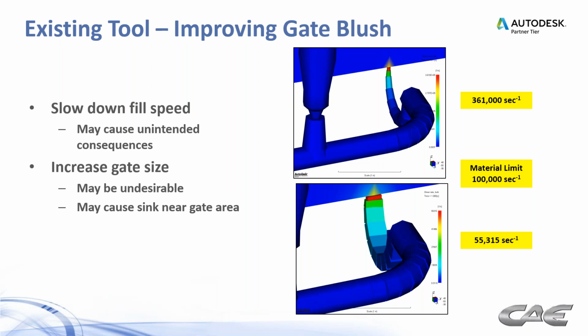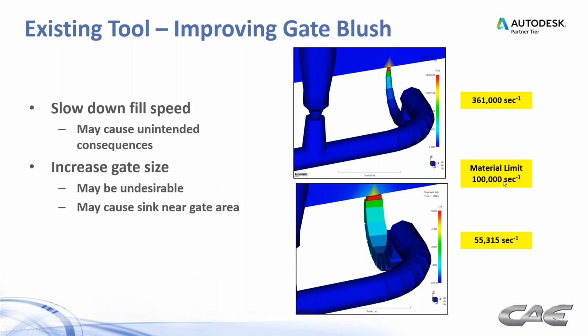But that is generally the best way to reduce quickly the amount of shear you're getting through a gate. Larger gates could also cause some sink issues near the gates as well. So again, it's that whole trade-off thing in plastics. You fix one problem and create another.